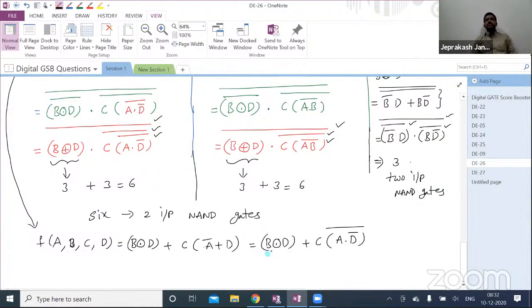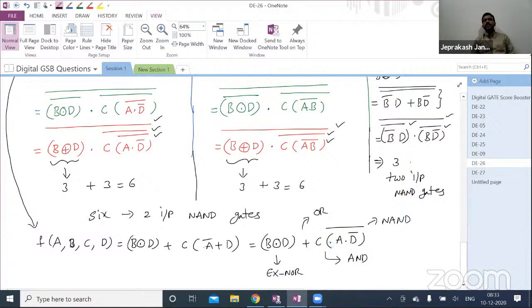Now just observe, here we require an XNOR gate. Here we require a NAND gate, and here we require an AND gate. Sorry, here we require an AND gate, and here we require an OR gate. Yes or no? All the gates are 2 input only.